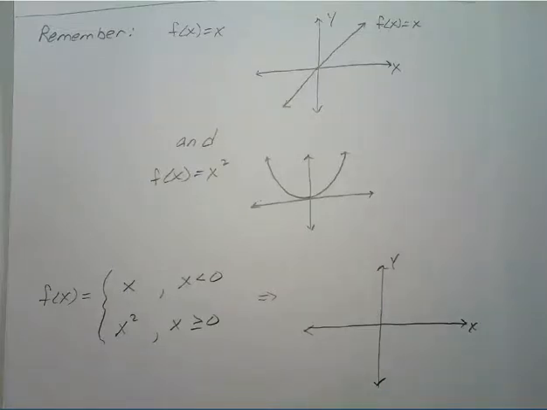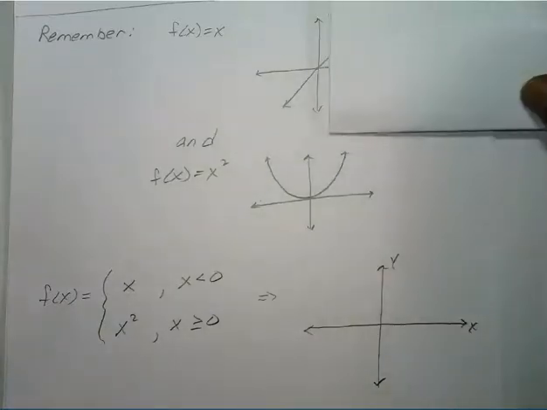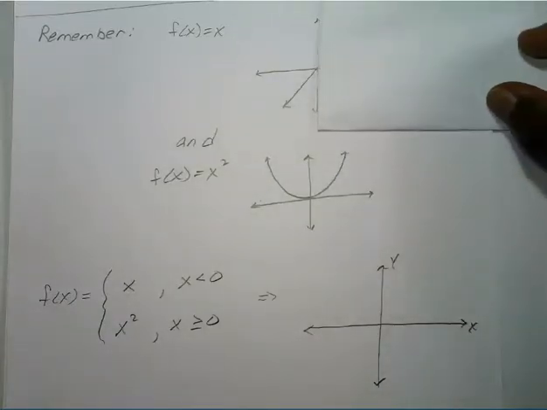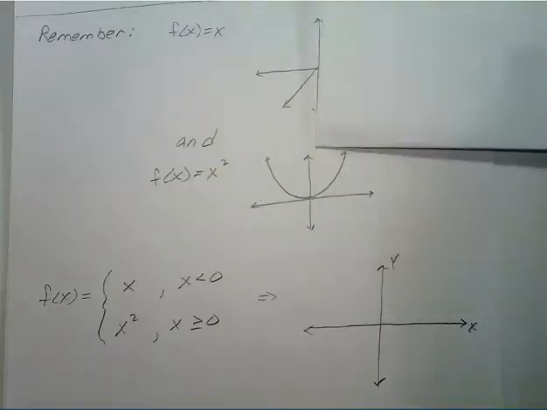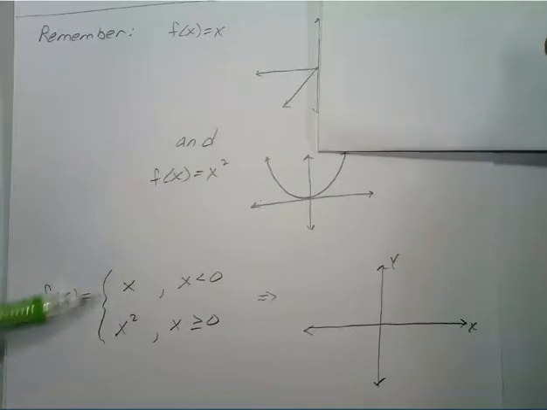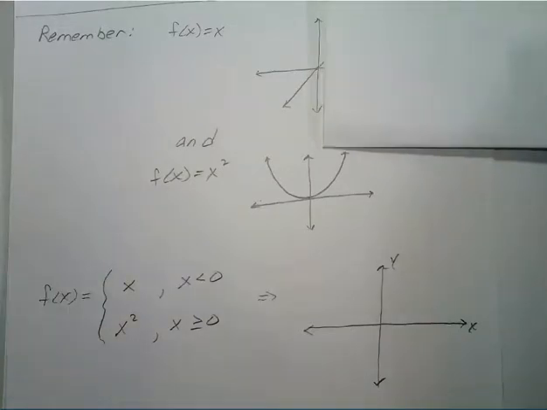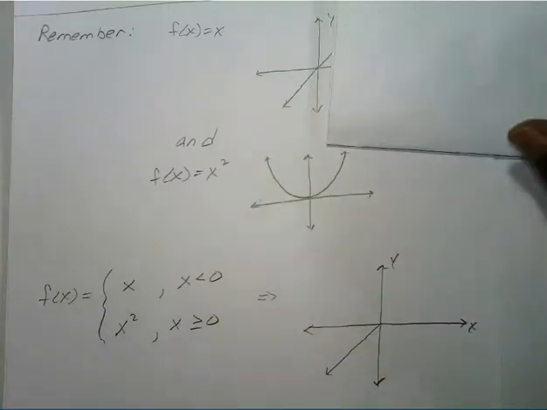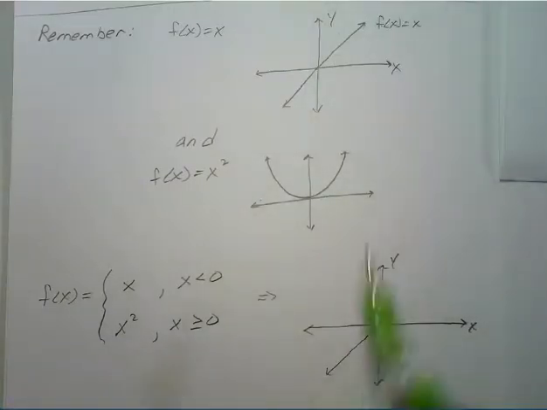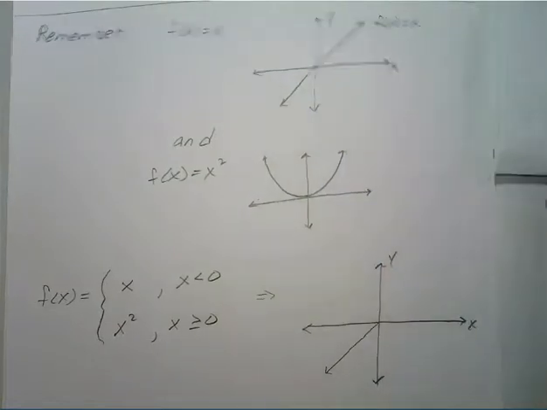For x less than 0, we're just going to use that part of the graph. f of x equals x goes right here and stops at x equals 0. We're only using part of that one.